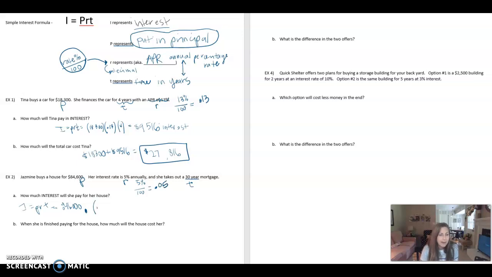So we're going to multiply that by 0.05. And her time is 30, so 30 years. Again, this is a pretty typical situation. Most people finance a house for 30 years. 84,600 times 0.05 times 30. And wow, I'm getting $126,900 in interest.